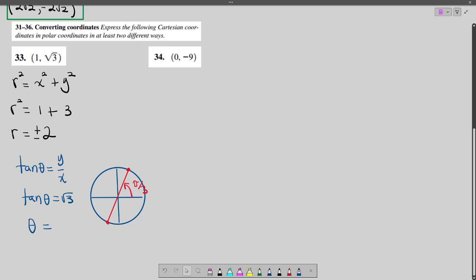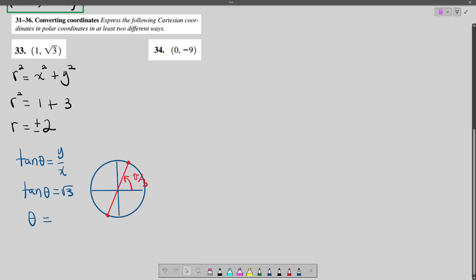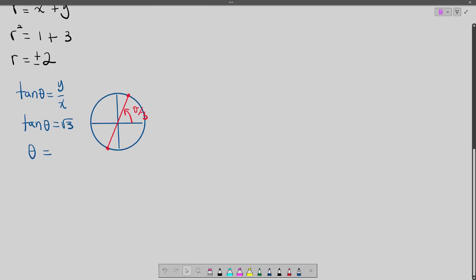All right, we're in quadrant 1, so we know that we're going to pick pi over 3. But you have to be a little careful right here. You've got to look at your picture, because if you just write theta equals inverse tangent of root 3, that's going to find the reference angle, not necessarily the correct theta. So you just have to be a little careful there. So in this case, everything's lined up fine. We're going to get pi over 3.